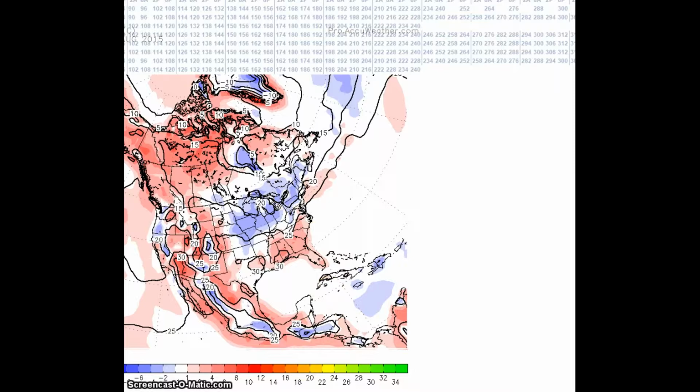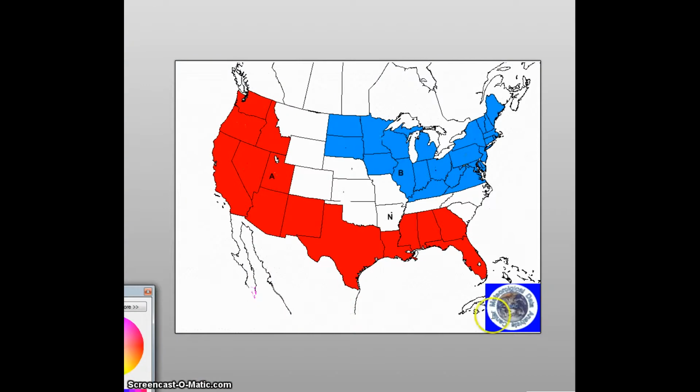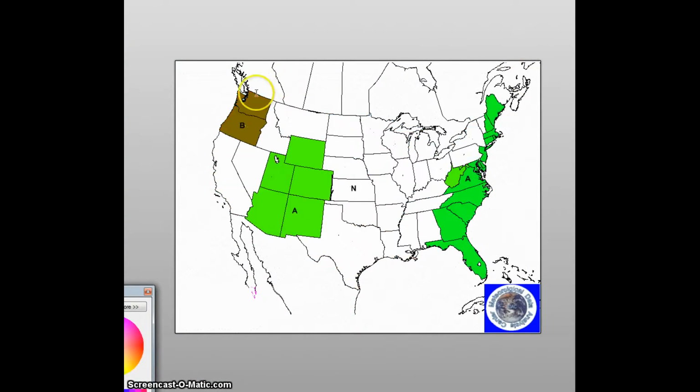For precipitation, I'm calling for below normal precipitation here, above normal precipitation for this area, and for the southeast and along the east coast.